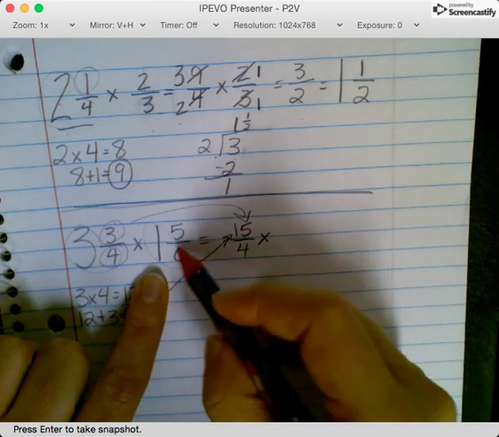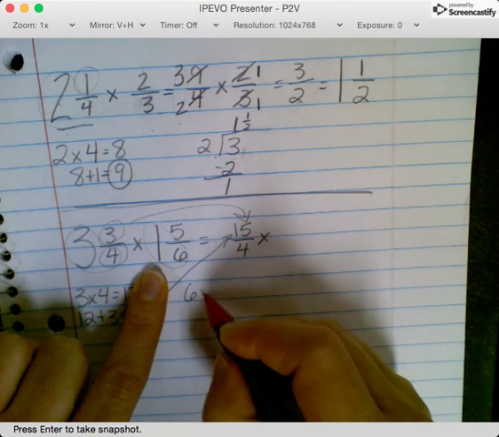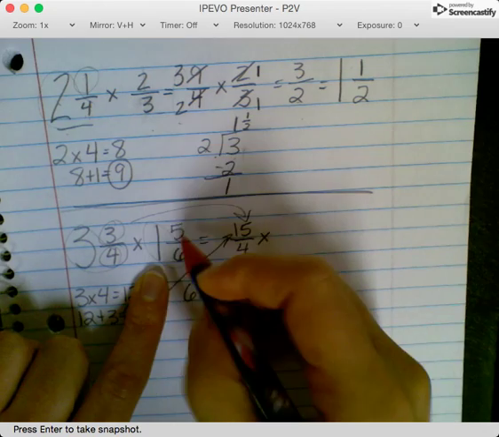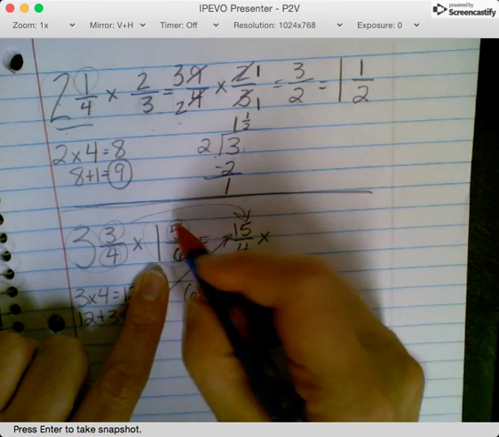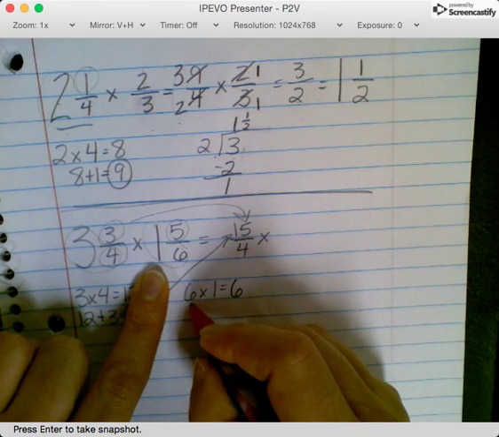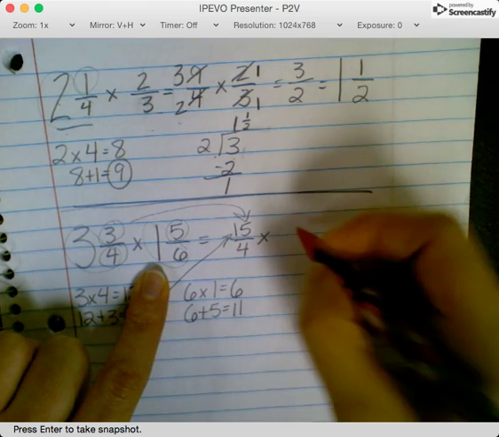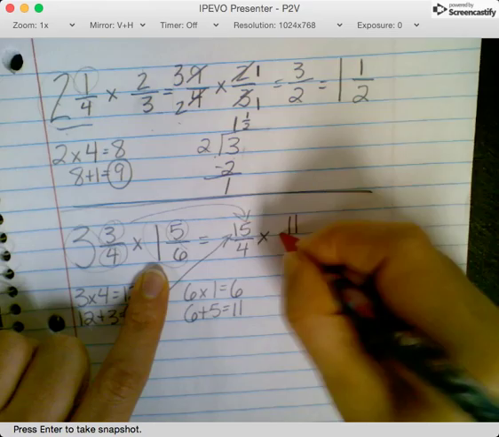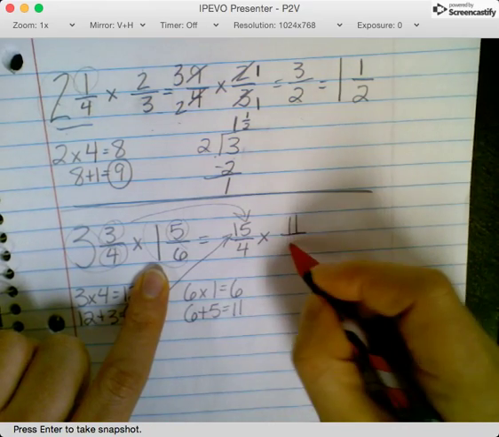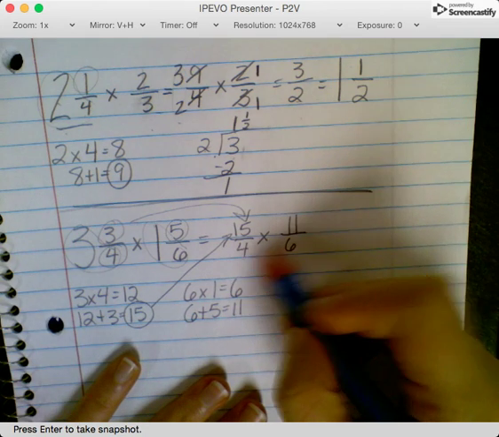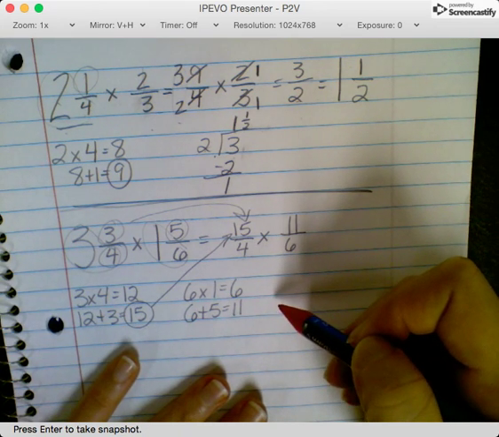Remember, 1 times 6, or 6 times 1, equals 6. And then I take it times my top, or plus my top number, sorry. And I get 11. So then that becomes my new numerator, and my 6 stays the same. Okay, so I end up with 15 over 4 times 11 over 6.